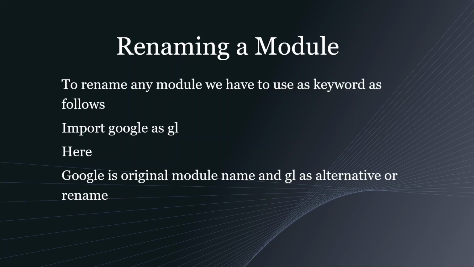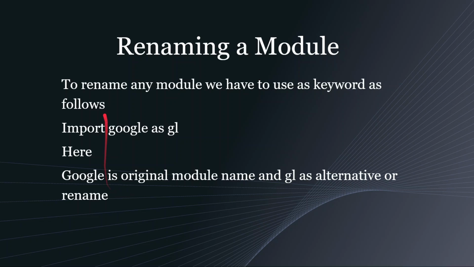So what we are doing is, instead of using the full name of that module or file, we are using a small name. That means the original name is replaced with a small name, and that small name is user based, so you can give it as per your choice.